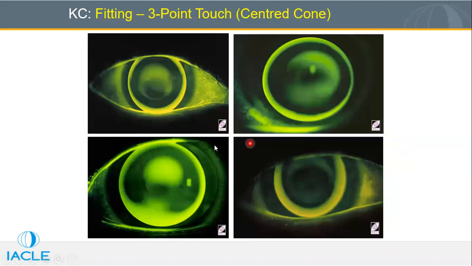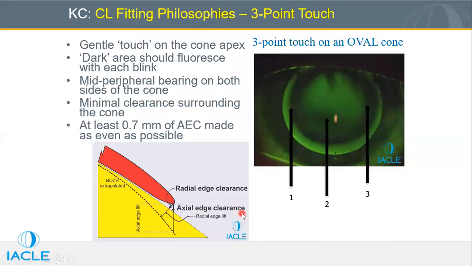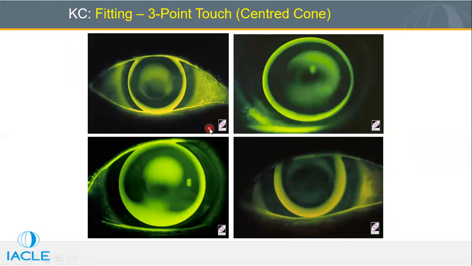Now you see there is a different kind of 3-point touch. So 3-point touch का मतलब नहीं कि आपको इस पिक्चर में जैसे दिखा है आपको वैसे ही दिखेगा हर keratoconus cornea में. This is a central cone, nipple cone keratoconus. यहाँ आपको बहुत ही सेंटर में वो टच दिखेगा. This is an oval cone, so you are shifting that. यहाँ cone का थोड़ा inferior shift है, यहाँ भी थोड़ा inferior shift है, और this is again central cone.